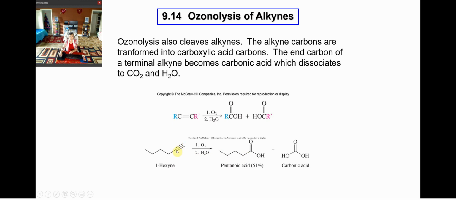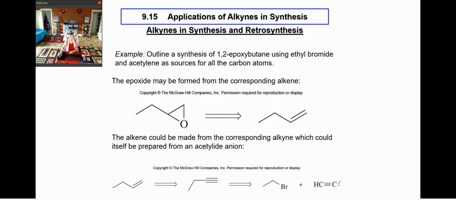This second carbon becomes COOH. This one is called pentanoic acid. Pentanoic acid, and the second part, this terminal carbon, becomes carbonic acid. Carbonic acid is H2CO3. It further can be dissociated into your carbon dioxide and water.